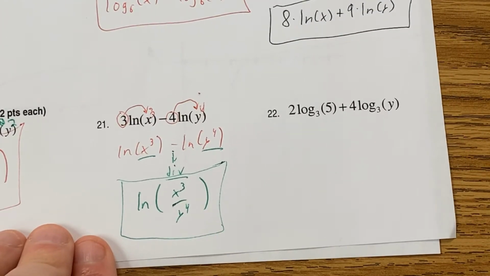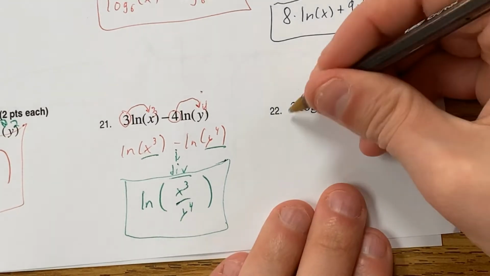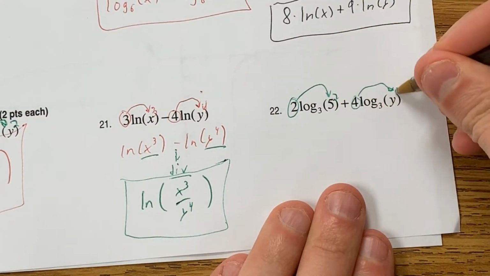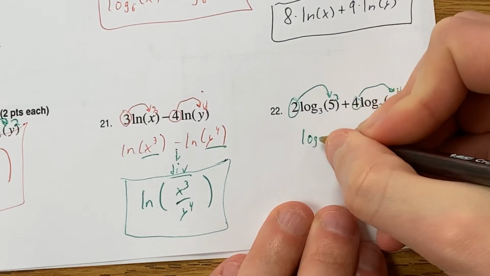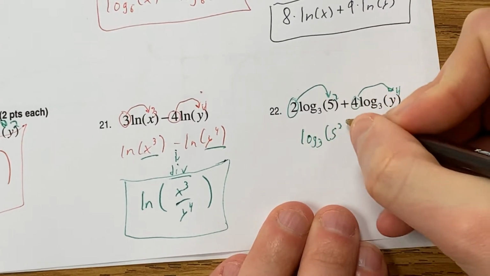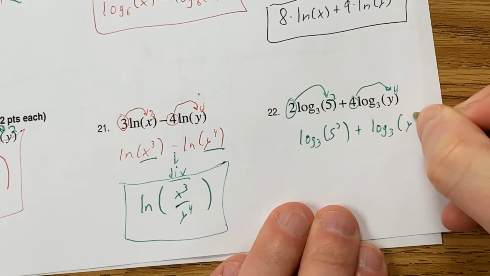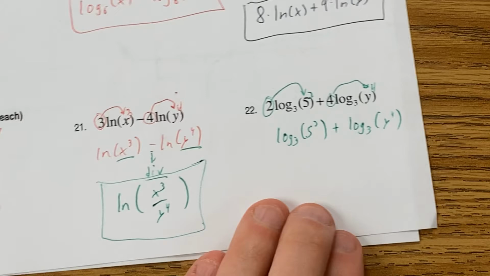So the next one, 2 goes there, 4 goes there. So log base 3 of 5 squared, which is a number, so I'll simplify that.